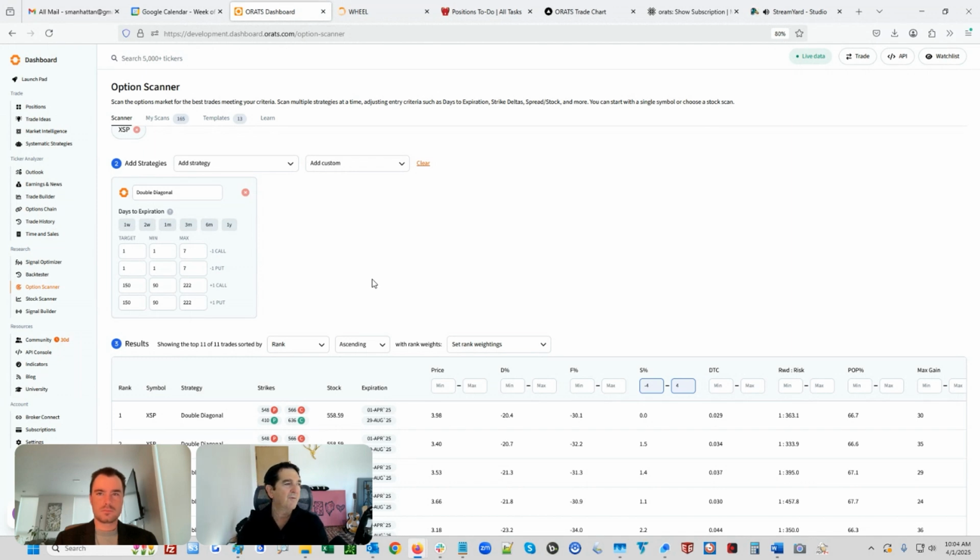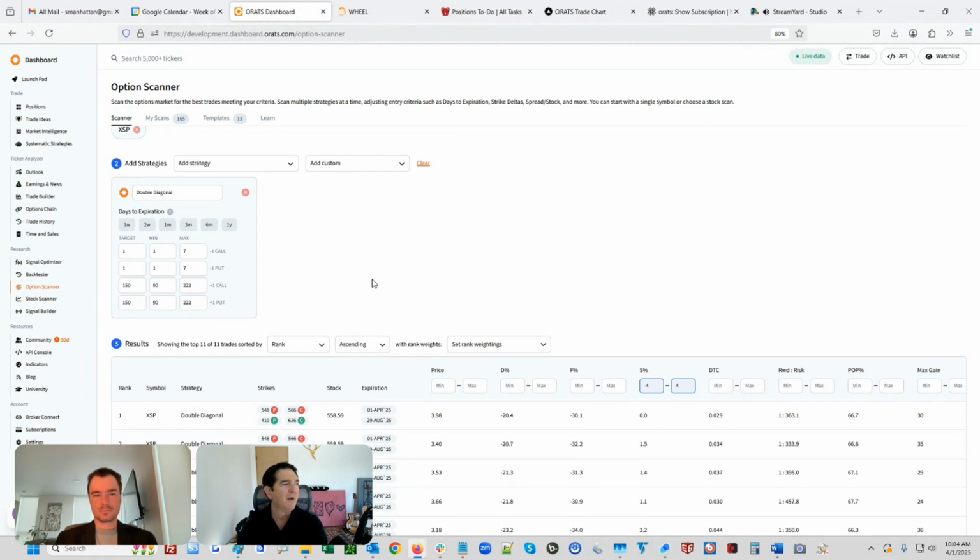So if you want more of a neutral strategy, you would do either right at the money, or you would do a double calendar. Now that's double calendar. Double diagonal, the diagonal just means that the strikes don't have to be equal. You could put it either way.